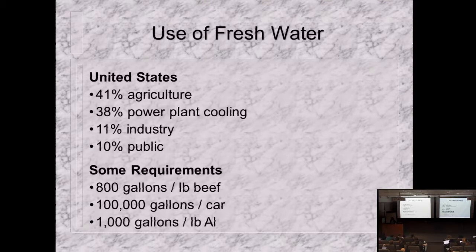So this is just some interesting, I put this out of sequence, China should be next, but some interesting requirements. Again, nothing to memorize, just to give you a feel for how very much water is used in different things. 800 gallons of water is used in many different ways to make 1 pound of beef. 100,000 gallons for a car, and 1,000 gallons, this is important, we talked about recycling, right, for a pound of virgin aluminum.